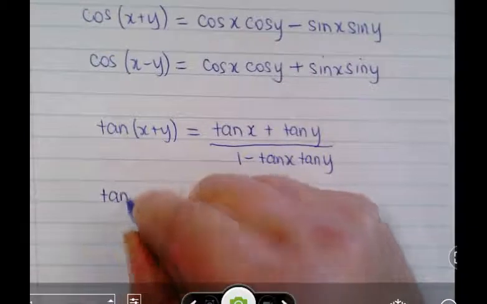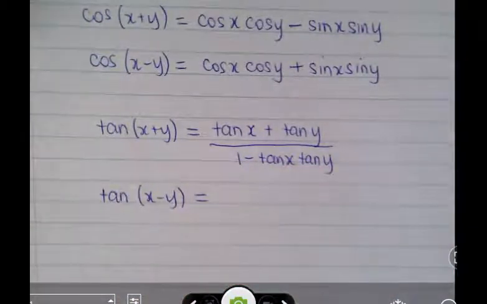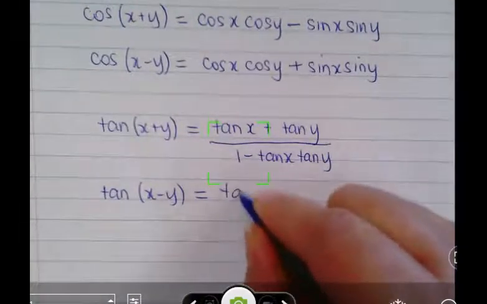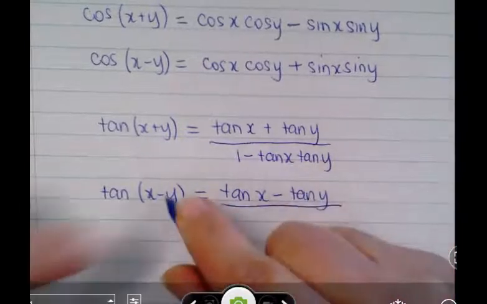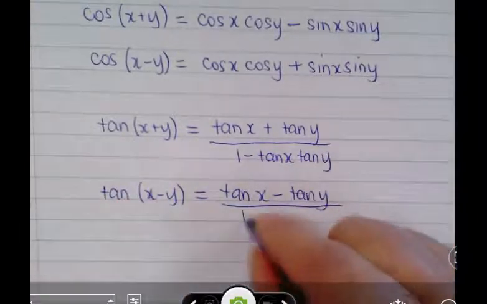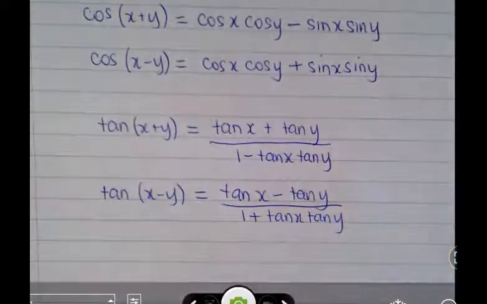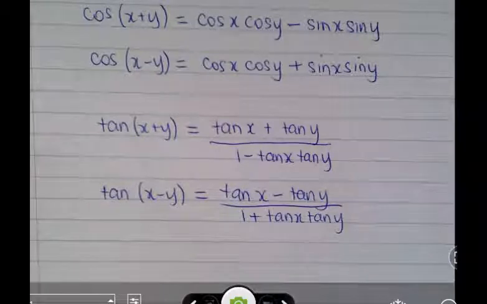The formula for tan of x minus y is the opposite: tan x minus tan y, so the minus one has the minus on top, over 1 plus tan x times tan y. So those are your formulas for sums and differences for sine, cos, tan.